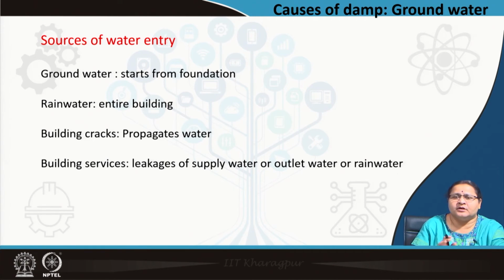Coming to building cracks, when your building exterior has cracks because of settlement, structural failures, or some damage, you just cannot ignore it, because mostly after the brick layer you have a plaster layer.